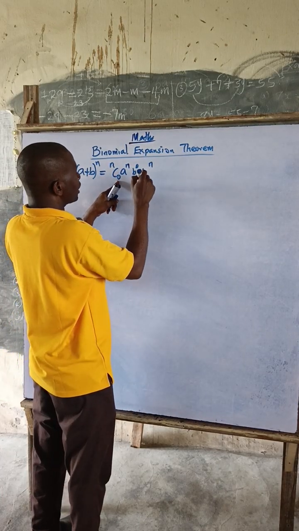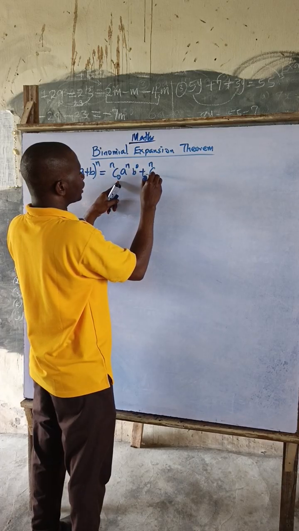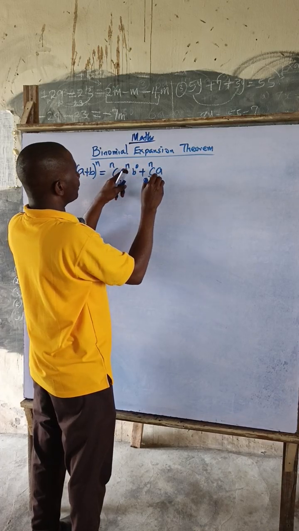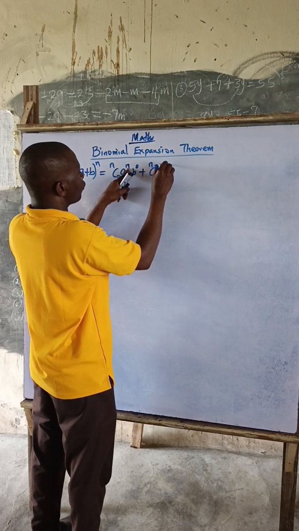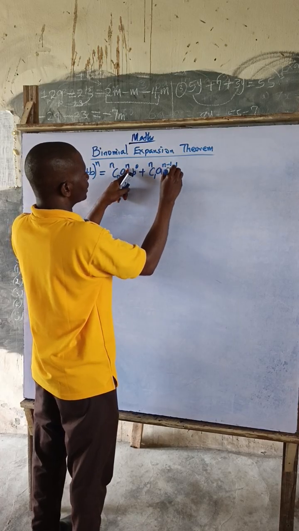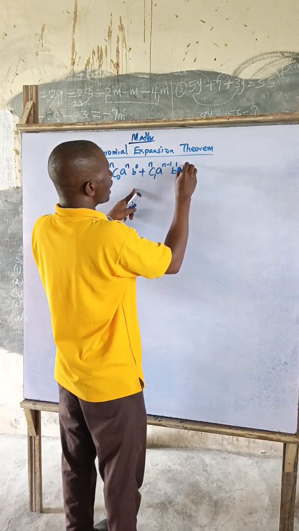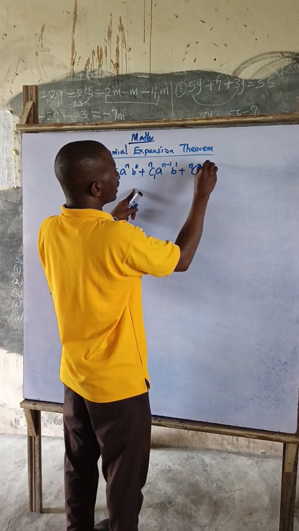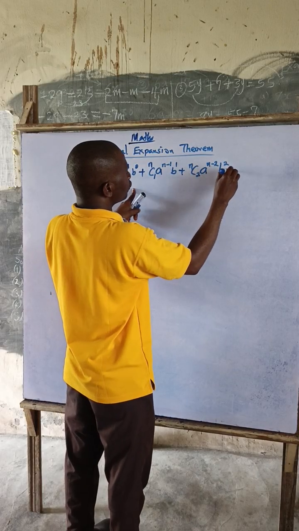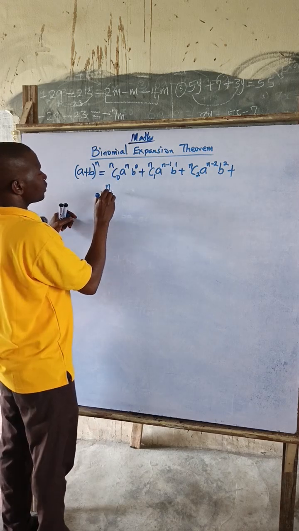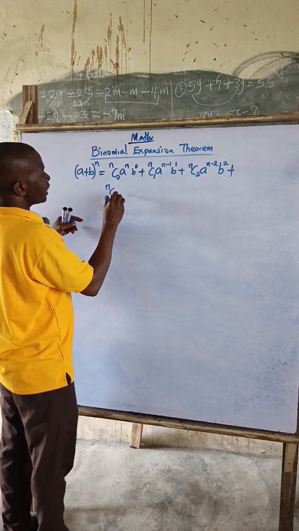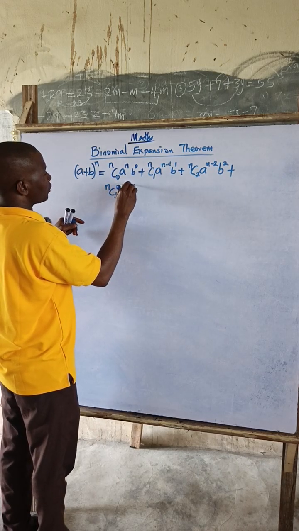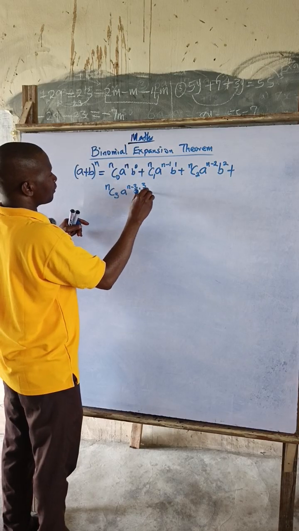Then the next coefficient will be nC1. The power of a will be decreasing by 1, then the power of b will be increasing. So plus nC2, a raised to power n minus 2, b raised to power 2, plus nC3, a raised to power n minus 3, b raised to power 3, plus.